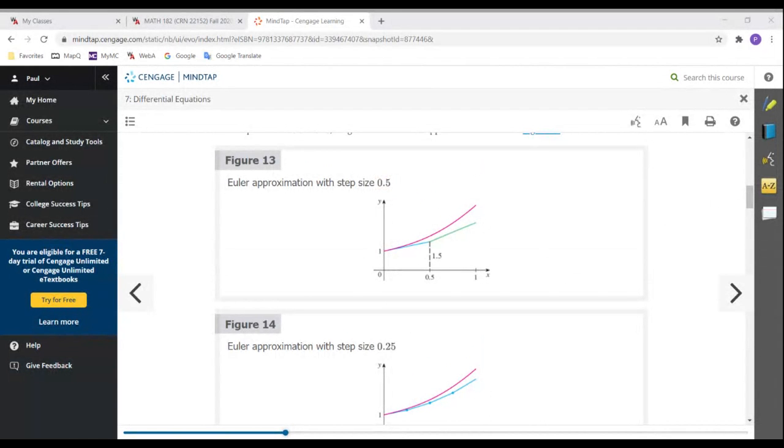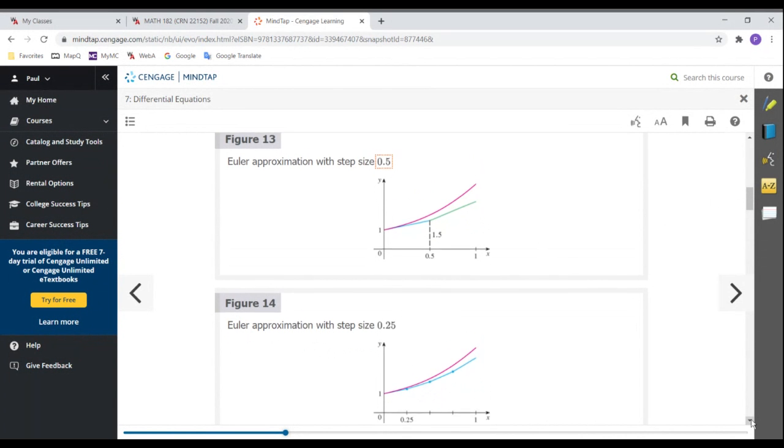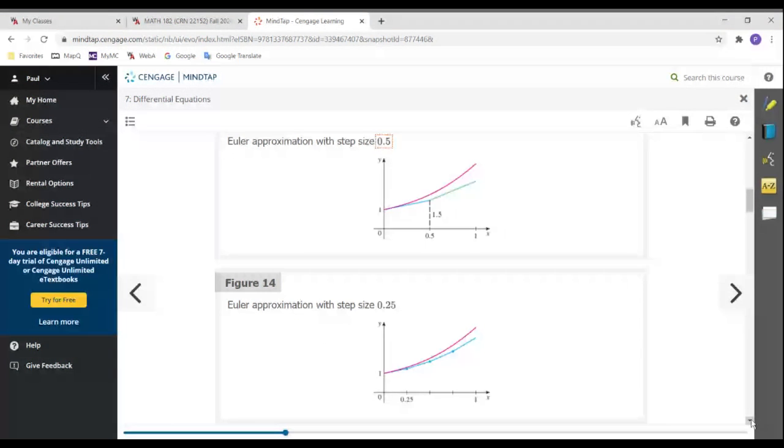But when you go down to a step size of 0.25, as in figure 14, how many line segments are there? That's right, Candy, there are 4. So which set of line segments approximates the red solution curve better, figure 13 or figure 14?